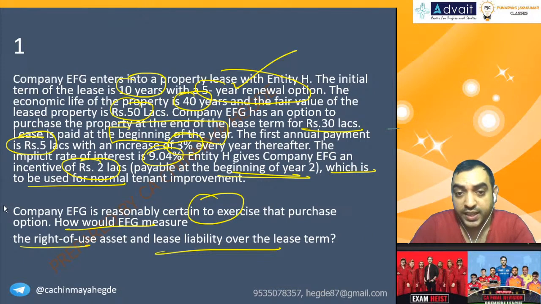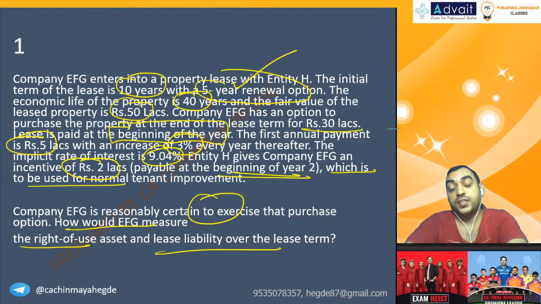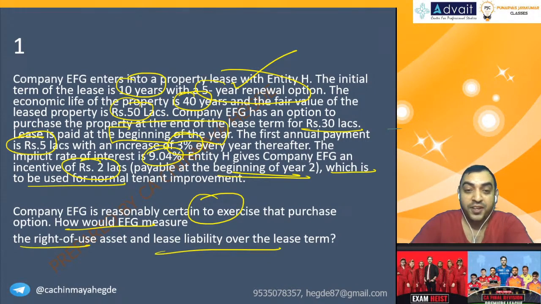Amount is paid at the beginning itself, year 1 commencement itself they have paid. So I would like to show year 1, or I'll say year 0, because it is paid at the beginning itself. Annual payment 5 lakh, with an increase of 3% every year. So you can't take an annuity factor and all. You have to calculate every year separately. So cash flow is 5 lakh.